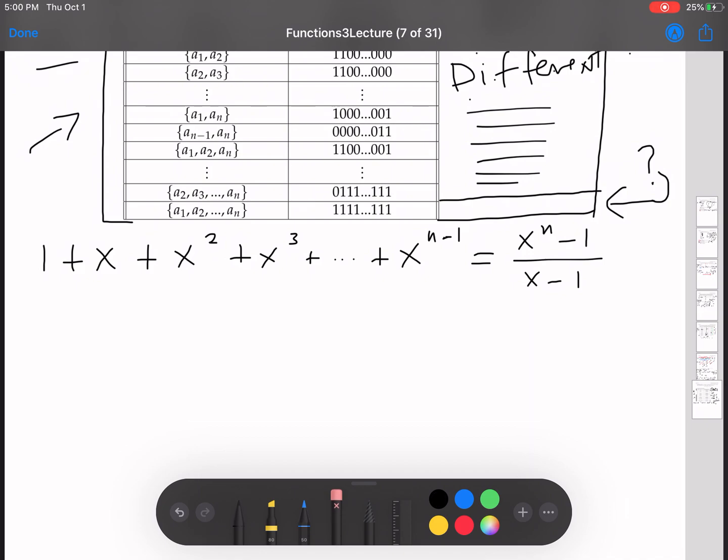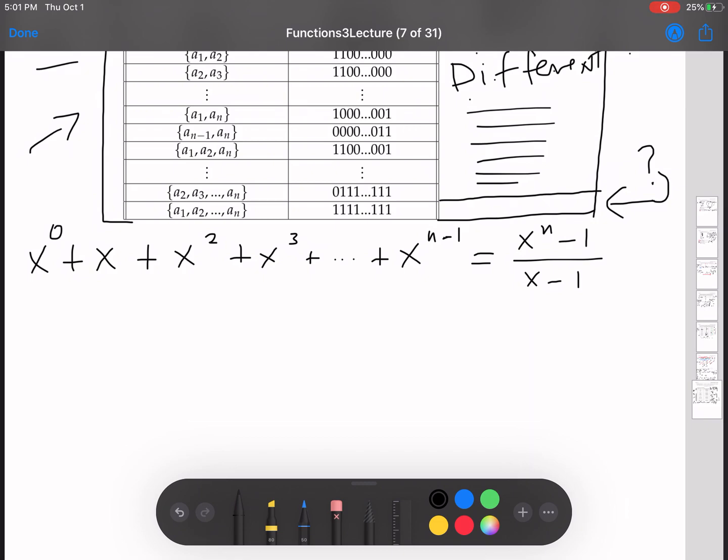Okay, we could think of this one here as x to the 0, right, because x to the 0 is 1. All right, so I proved this just a little bit ago.